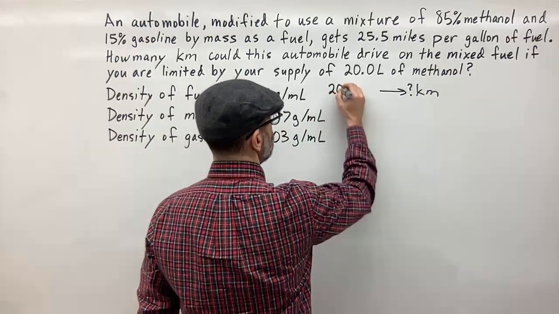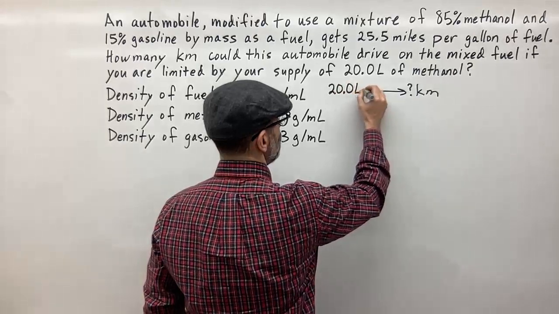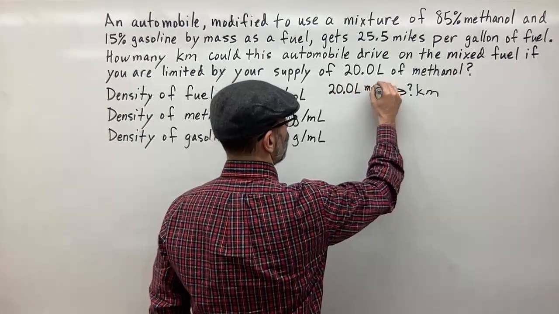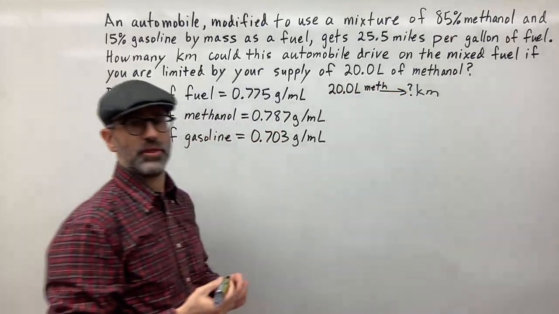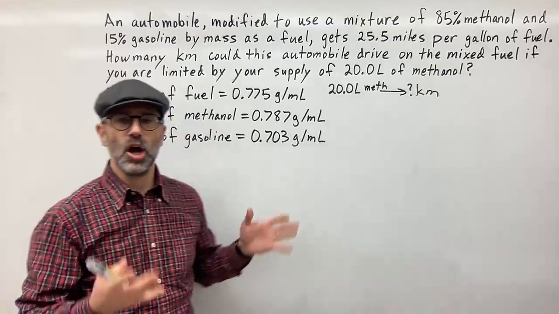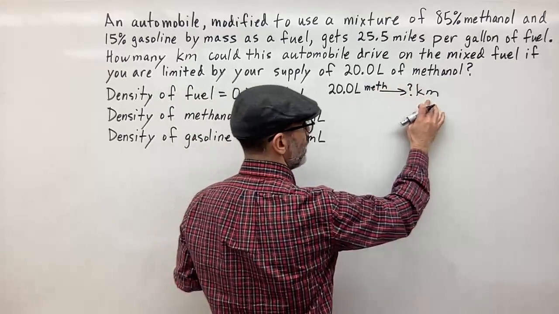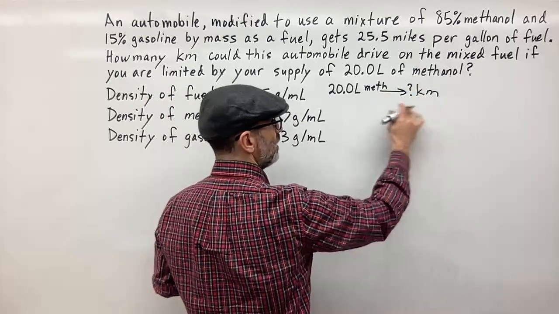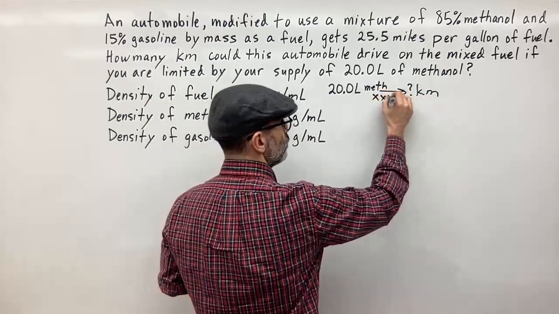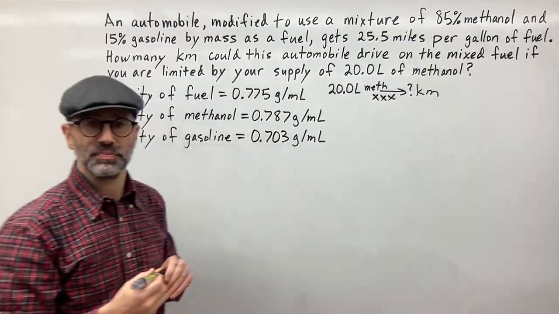20.0 liters, and I'll just write meth for methanol. So now we know where we're beginning and where we need to end, and we're going to use conversion factors in between.